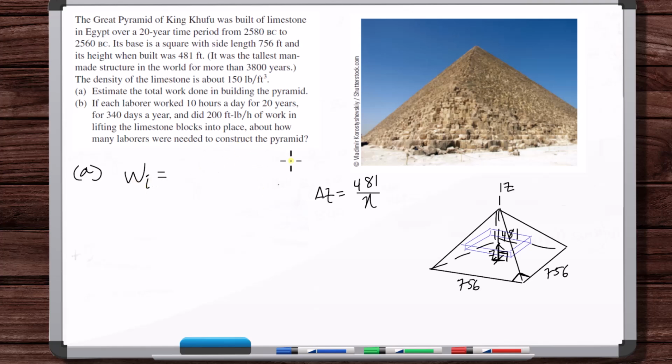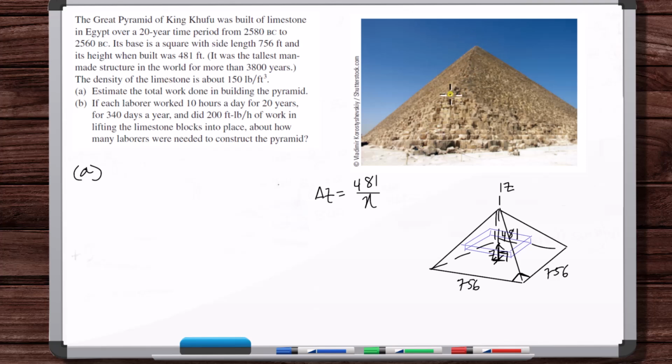Well, actually first we're going to need a function to get the side length of the square, because it's going to be a square, not a rectangle, since the pyramid is square. So each cross section is a square. We need the side length of the square cross section as a function of z. How do we do that? Well, it's linear, right?